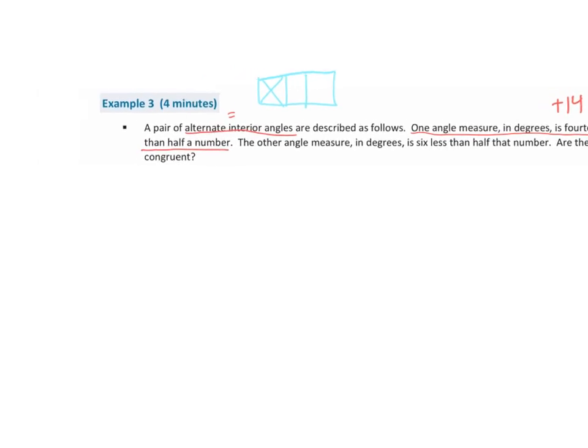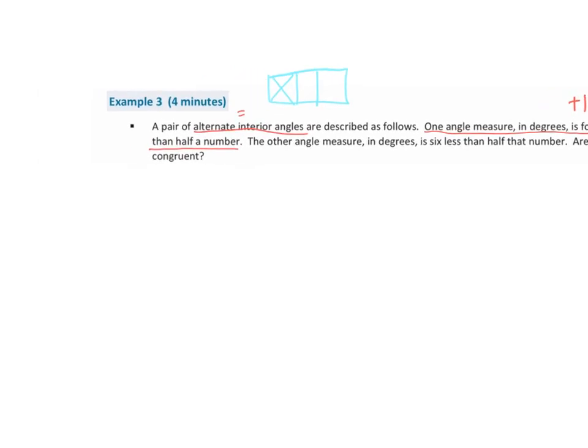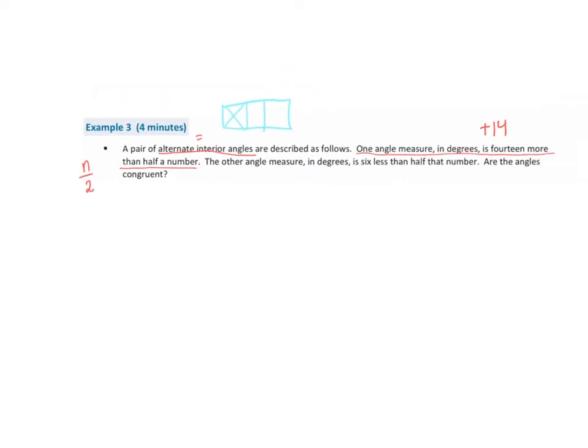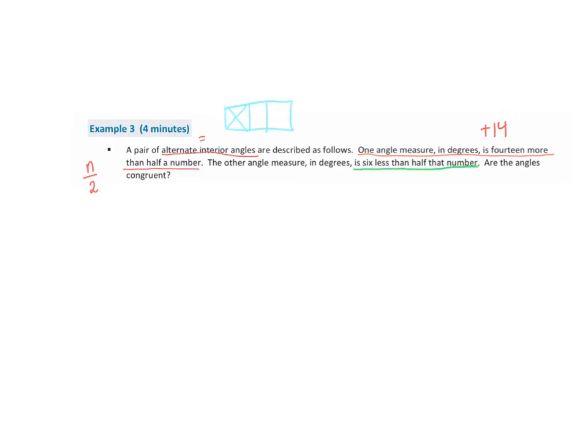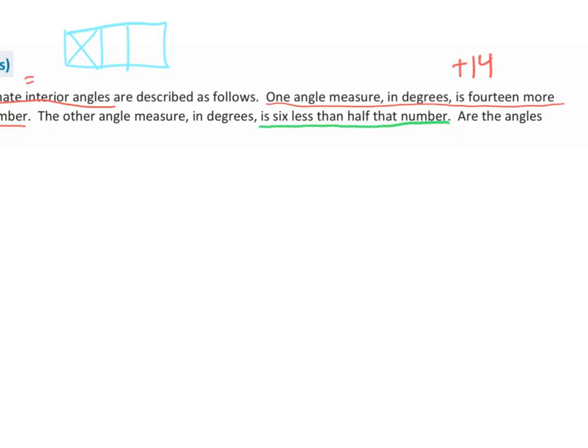What is it, 14 more than? Half a number. Does it tell me what the number is? No, so I'm just going to say 14 more than half of n. Okay? The other angle is 6 less than half that number. So this other angle is 6 less than whatever that number was, divided by 2.